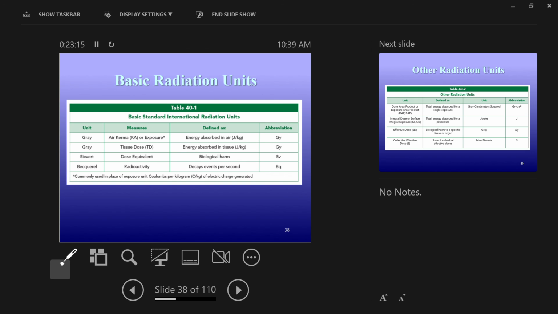What's the other thing you needed to know about the radiation? The type, right? Such as alpha, beta, gamma, or X-rays. The becquerel gave you an amount of radioactivity, decay events per second. 1 becquerel is 1 decay event per second.